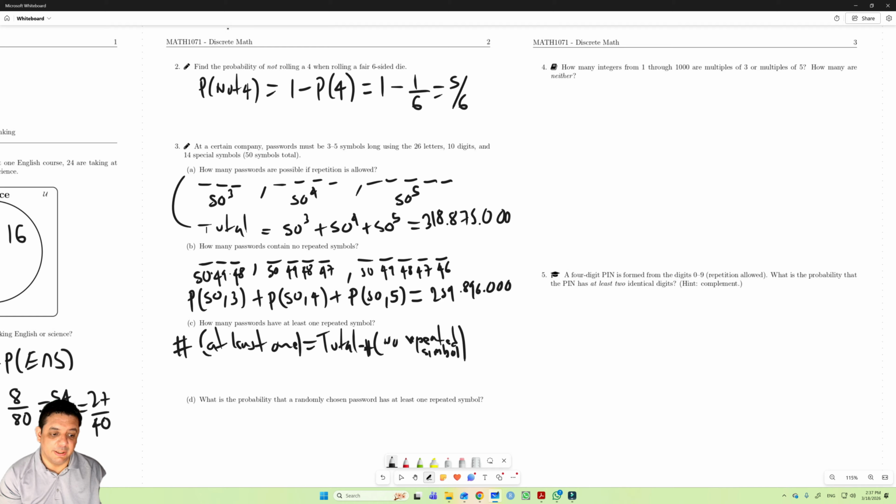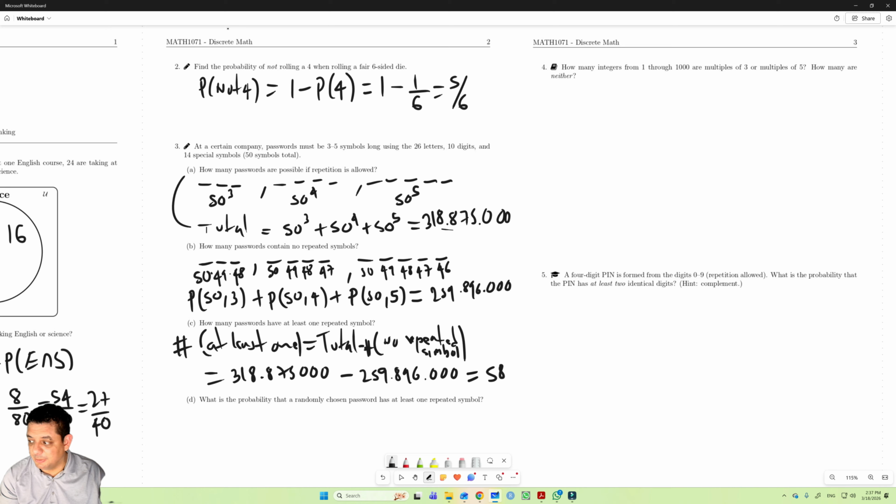So it's the total that we have here, 318,875,000, minus the no repeated symbol count, 259,896,000. Subtracting that, this is going to be 58,979,000.